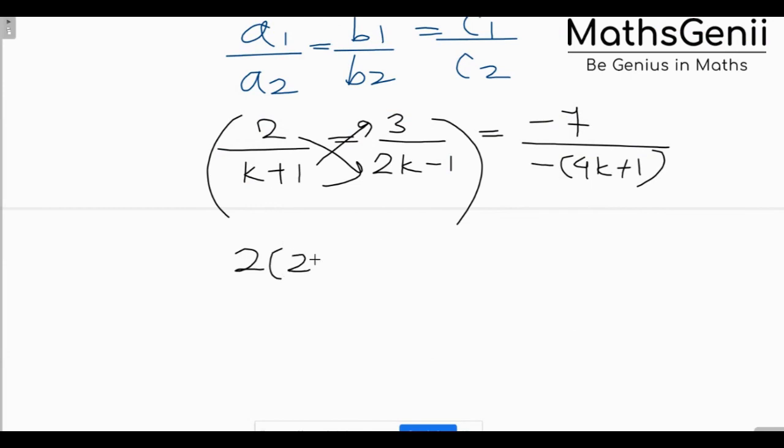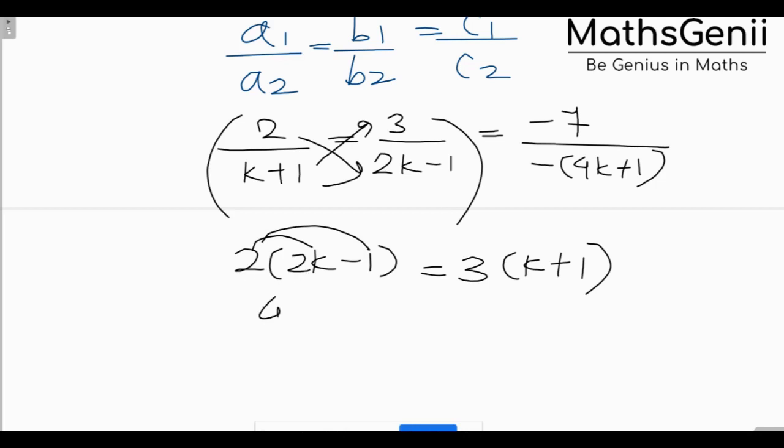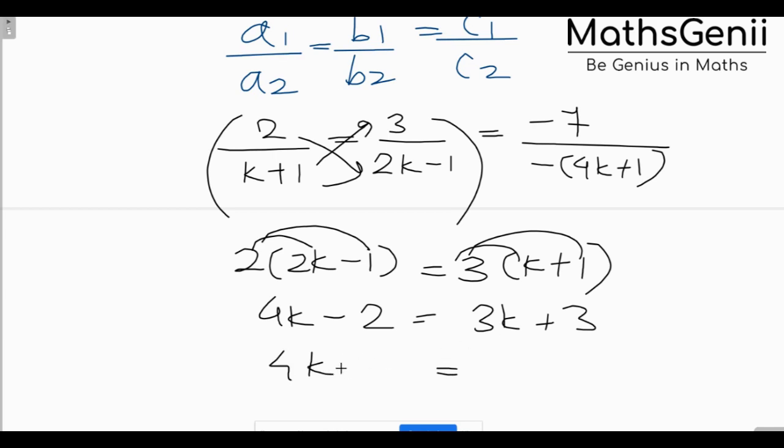So 2 into 2k minus 1 is equal to 3 into k plus 1. I ignored this, I am just looking at this side. So I am multiplying 2 inside. 2 2s are 4k minus 2 1s are 2. 3k plus 3 into 1, 3. Now k on one side, numbers on the other side. 4k, 3k goes this side, becomes minus 3k.